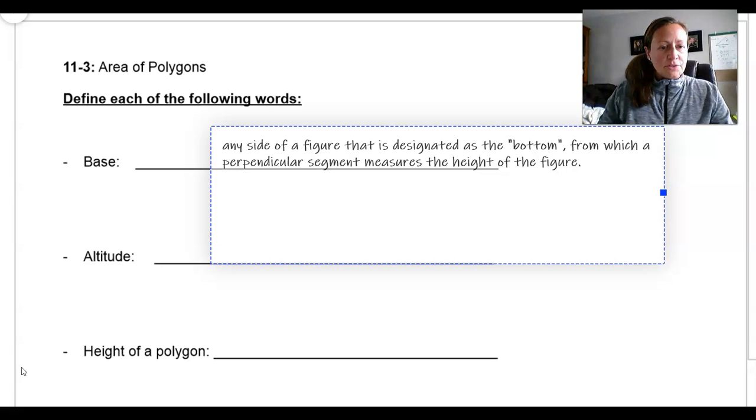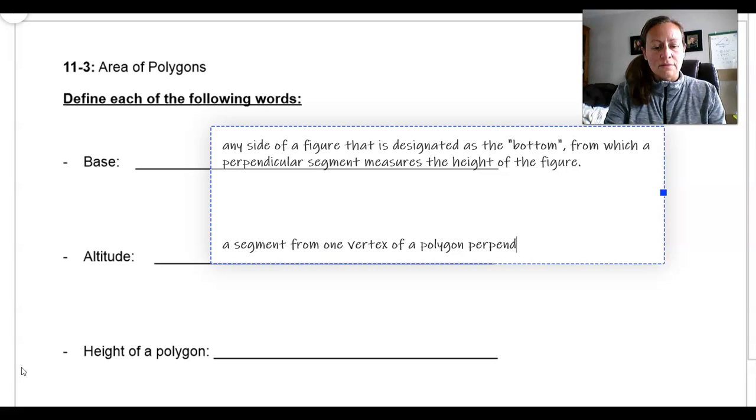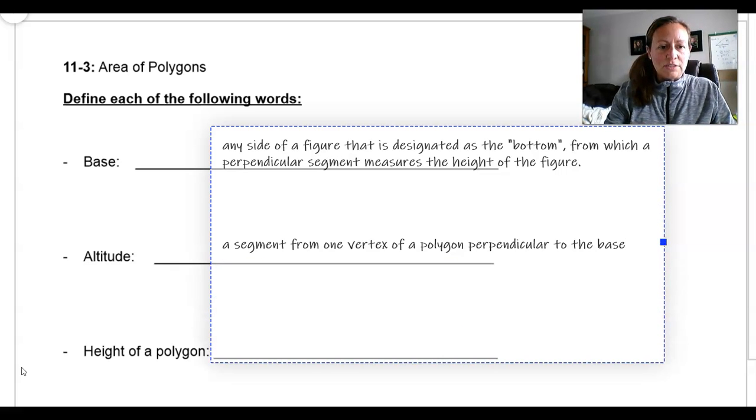But the altitude is a segment from one vertex of a polygon that is perpendicular to the base. So you see the base and the altitude go together. They mention each other in their definitions.